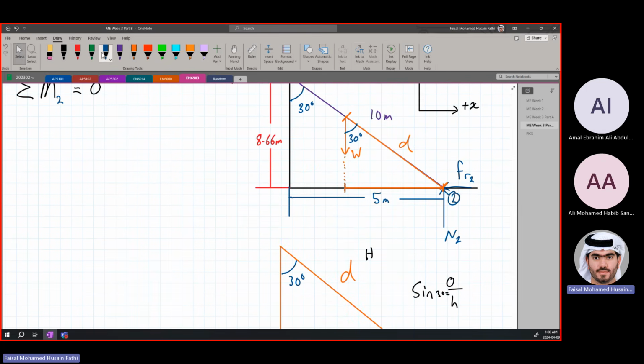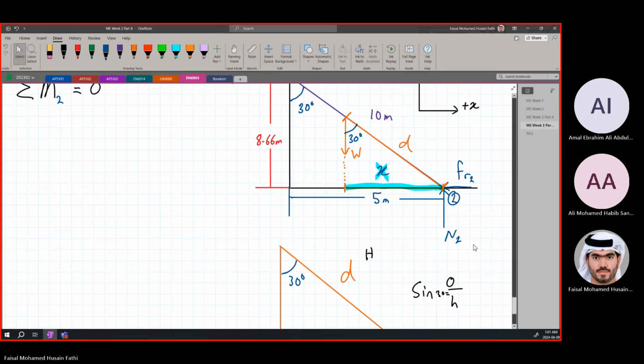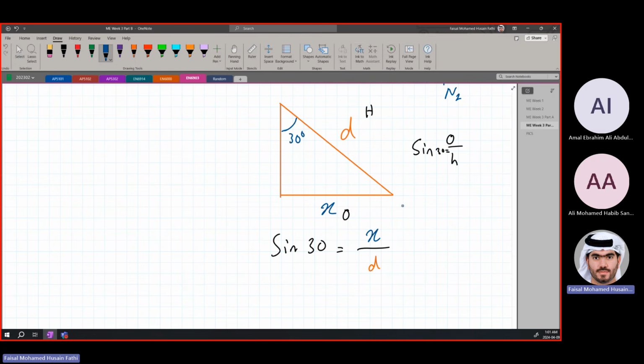So this distance over here, I'm just going to highlight it, this distance is x. This is our distance x. So x is our perpendicular distance. We're just going to find it in terms of d because we need to find the value of d eventually anyway. So x is going to be equal to d times sine 30. Sine 30 is just 0.5. So x is equal to d over 2, or half of d.